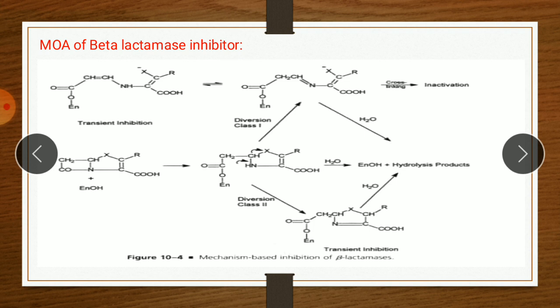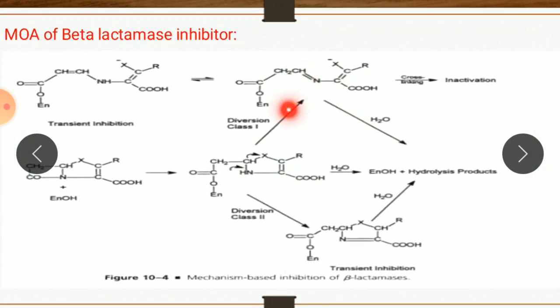It diverts the pathway through the tautomerism or through this transition state. So if we give a combination of beta-lactamase sensitive penicillin and beta-lactamase inhibitor drug, the inhibitor blocks the beta-lactamase enzyme for a longer period of time due to this diversion reaction.